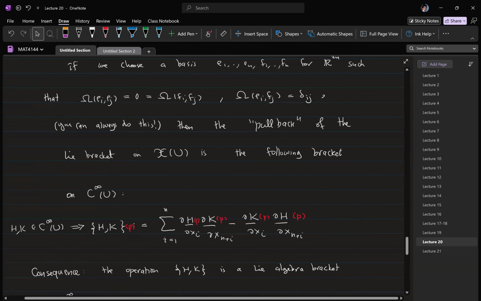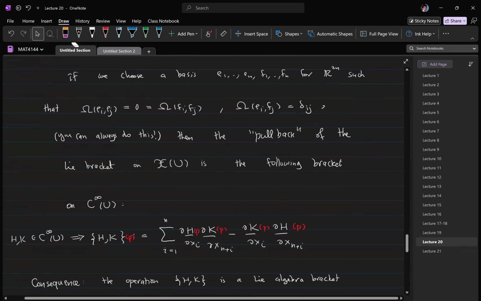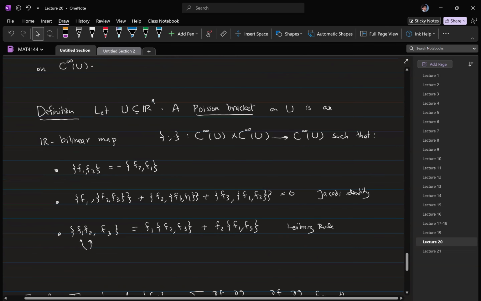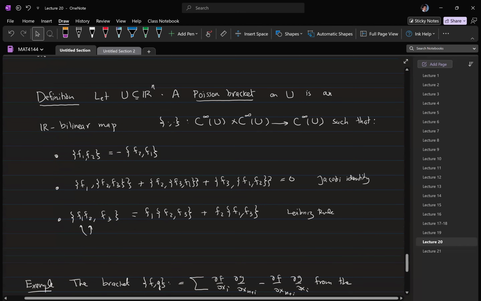And then because of the explicit formula that we got, the standard symplectic form on the domain, we can see that this Poisson bracket satisfies the Lie bracket properties plus an extra property, which is the Leibniz rule. Okay, so this we checked.